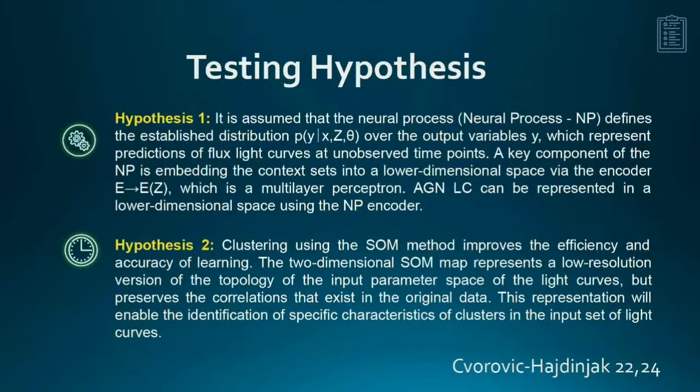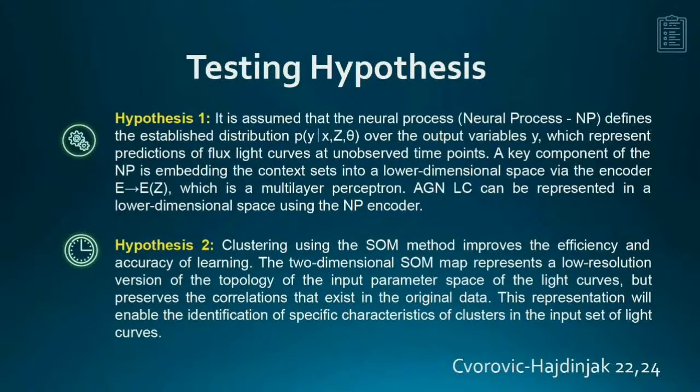And the second hypothesis, which was another input from the community, is that some sort of clustering or organization of the data set prior to applying the neural processes is required.